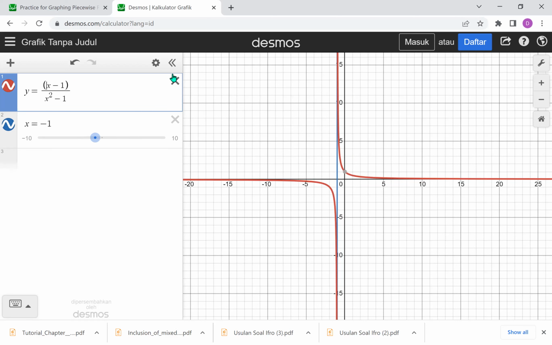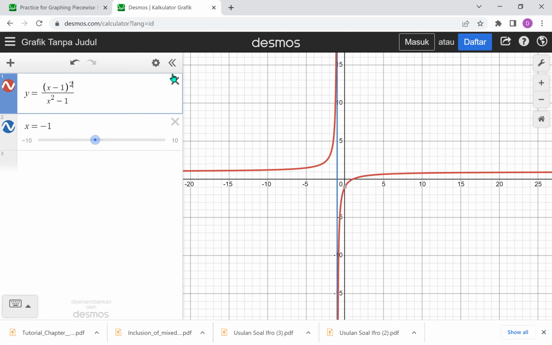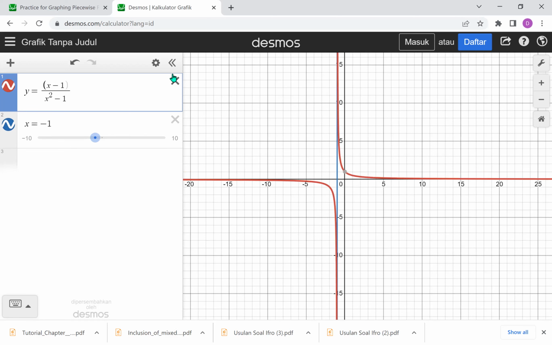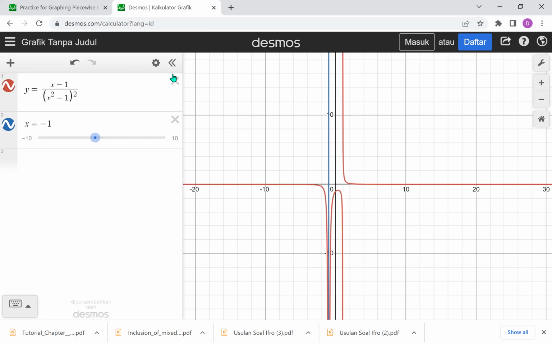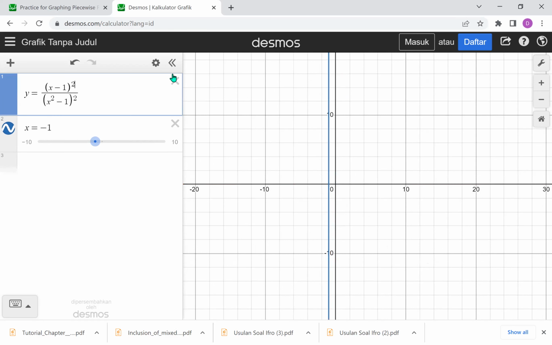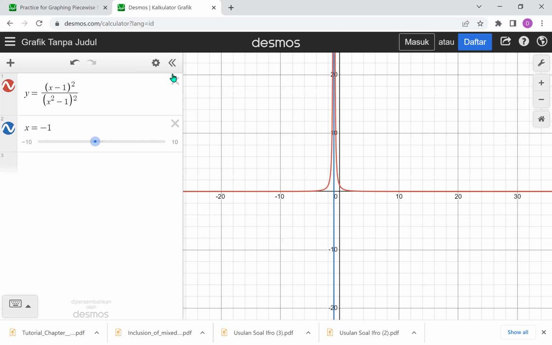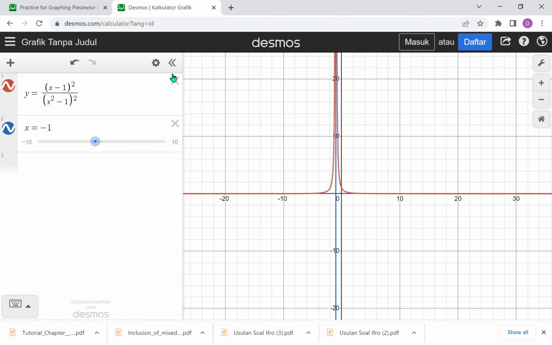If I take the square here, be careful, the left-hand limit and the right-hand limit are the same, namely infinity.